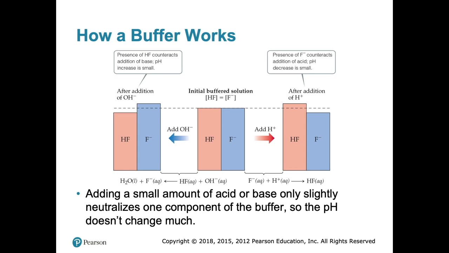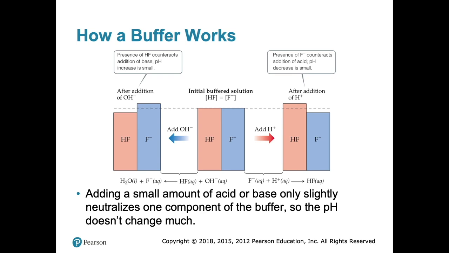And the interesting thing, or the thing that's very helpful here, is that when you have a buffering system of fluoride and you add some protons, which makes things more acidic, you get more hydrogen fluoride. It used to be that the concentration of HF was equal to the fluoride ion.